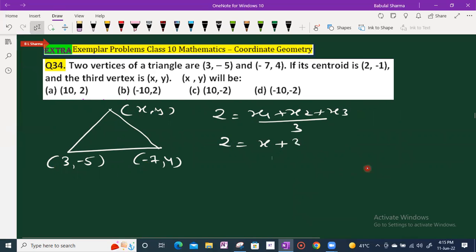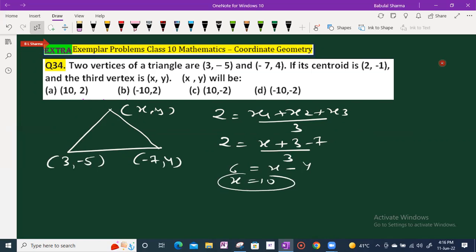Then 3 plus x minus 7 by 3. So 3 times 2 is 6, which is equal to x minus 4. So x is equal to 10.